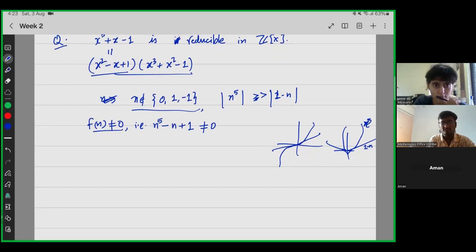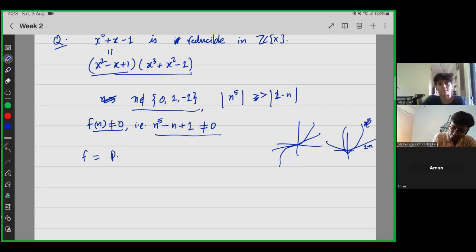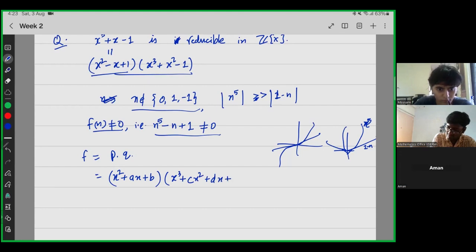So such a factorization is possible, 2 degree into 3 degree polynomial. If you have doubt in this, you can ask me. Is this understood? Okay. So let f be written as p times q, where p and q are two polynomials and p is a 2 degree polynomial. So we can write (x^2 plus ax plus b)(x^3 plus cx^2 plus dx plus e).